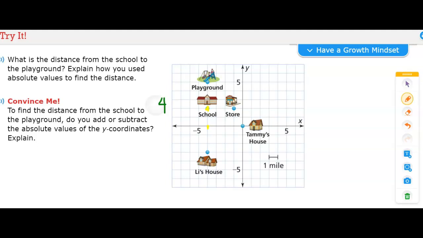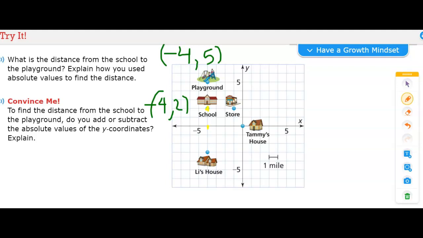So that's a -4 and a +2 for the school. Then you have the playground. The playground is also on -4 and +5.